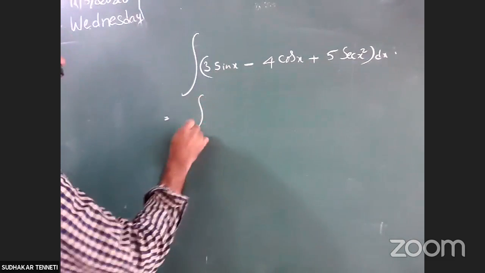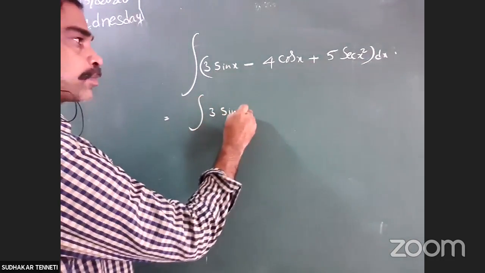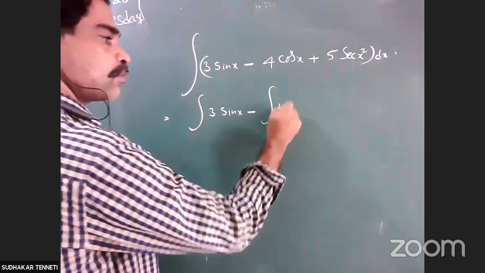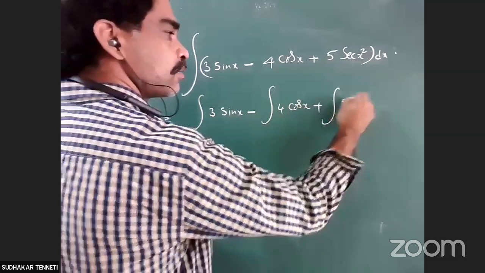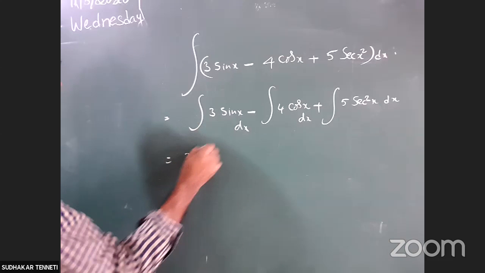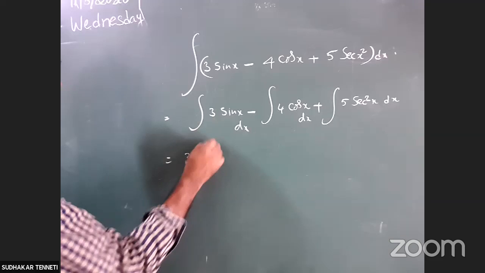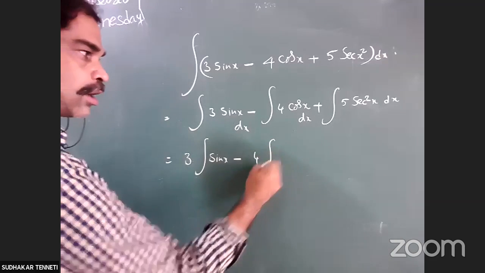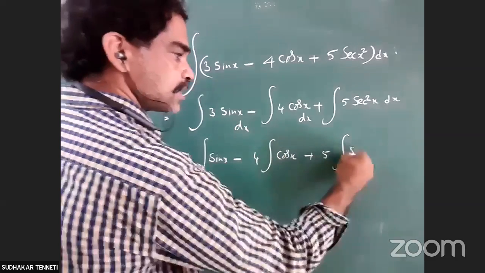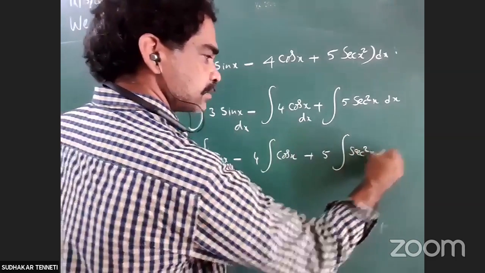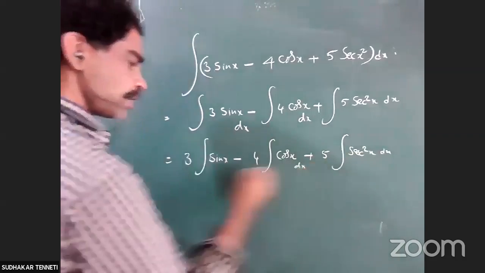See here, integral of 3 into sin x minus integral of 4 into cos x plus integral of 5 into secant square x dx. So you have to keep dx for everyone. That is, bring this constant 3 into integral of sin x minus 4 into integral of cos x plus 5 into integral of secant square x dx. For all, you can keep dx. Don't forget to keep dx.